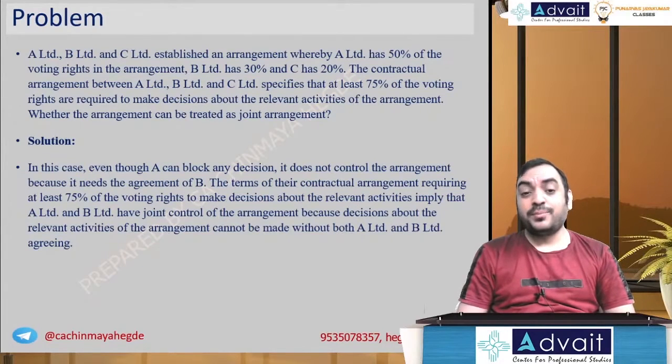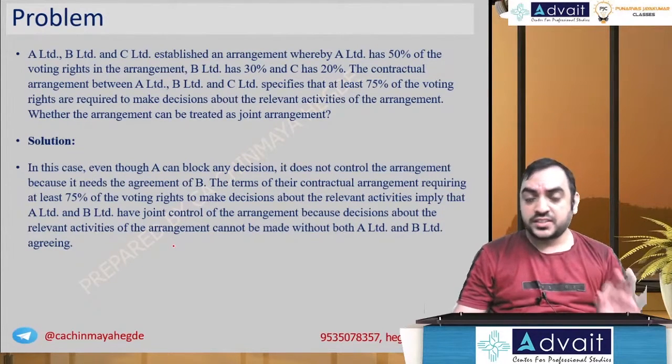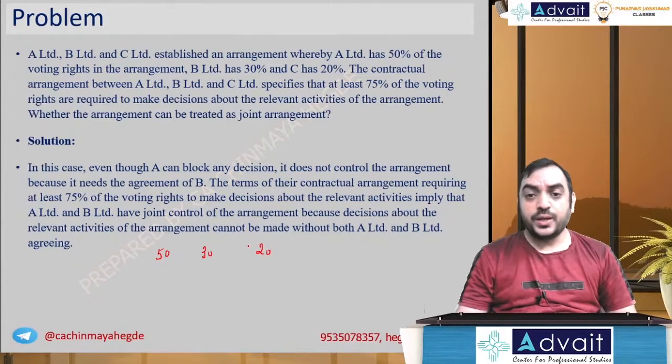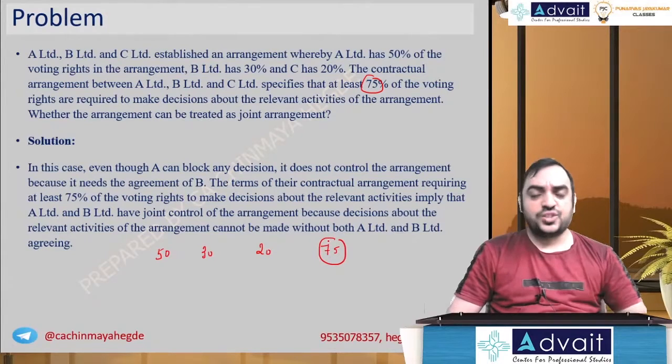Whether the arrangement can be treated as joint arrangement. Now, what is the pattern? 50, 30, 20, and it requires at least 75% to make a decision.